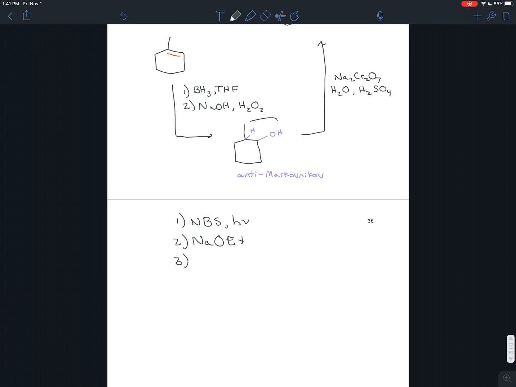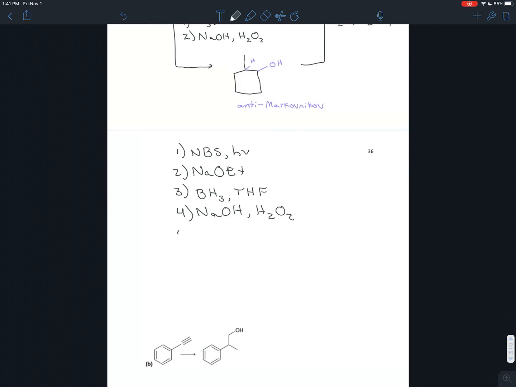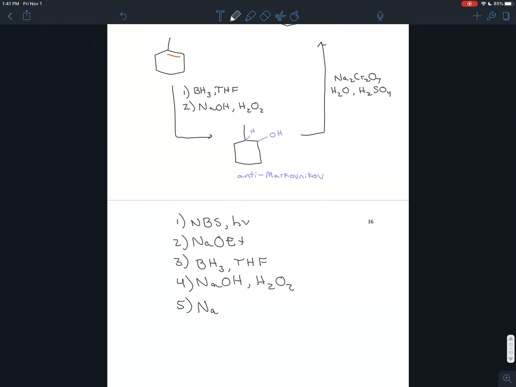Once we have the double bond, you can do anti-Markovnikov addition of H and OH through hydroboration oxidation, so BH3 and THF, followed by sodium hydroxide and hydrogen peroxide. That gives you this alcohol. To oxidize that to the ketone we would need in our Wittig reaction, we would just add sodium dichromate in a water acid wash.